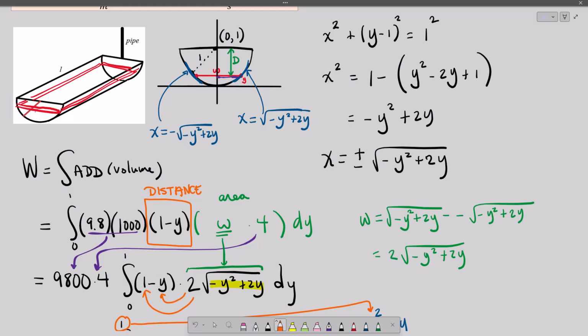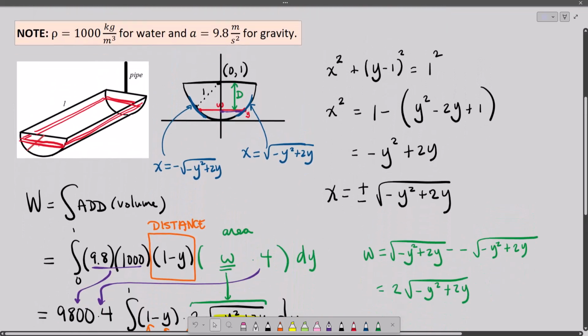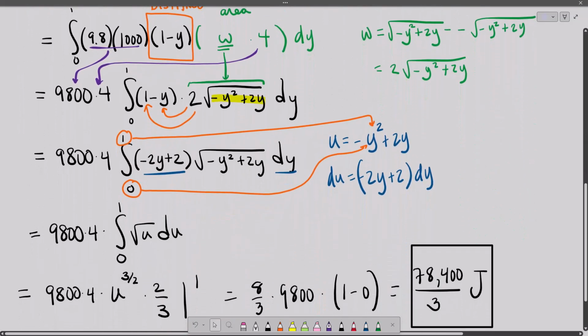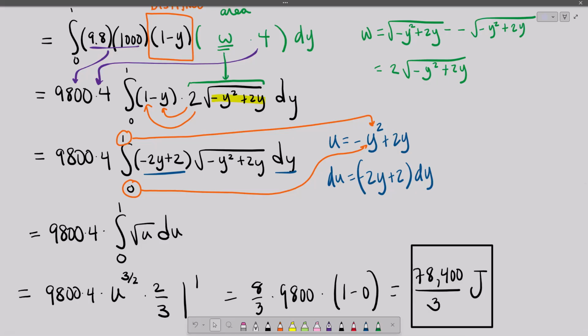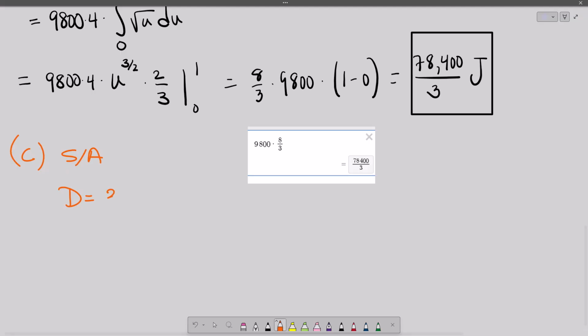If we pump it out that pipe, and that pipe is 2 meters long, what does this distance become? 3 minus y. Because the trough is a meter high, and then there's a 2 meter pipe, so each slice is going to travel 3 minus y instead of just 1 minus y. So it's the same as above with distance equal 3 minus y instead of 1 minus y.